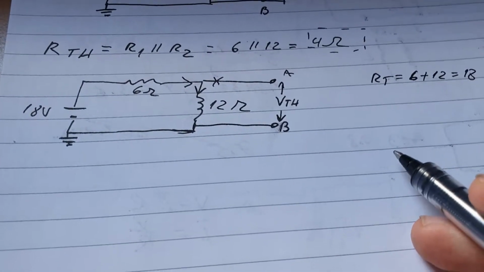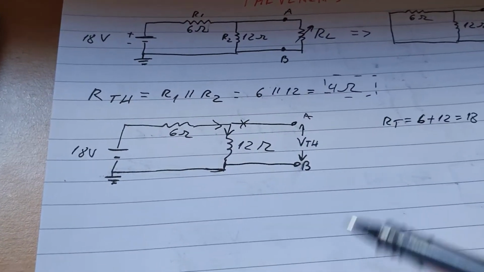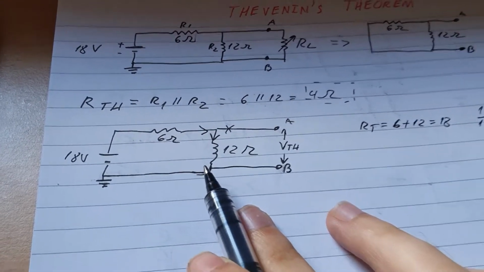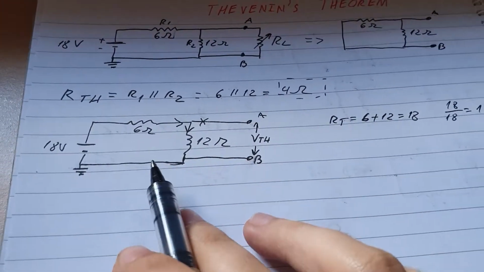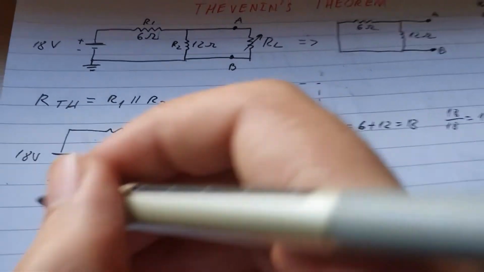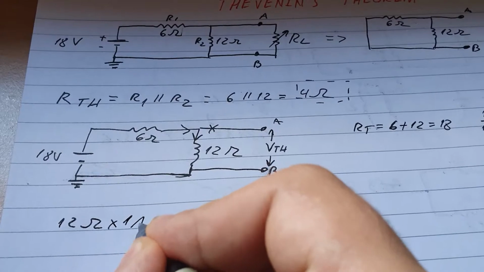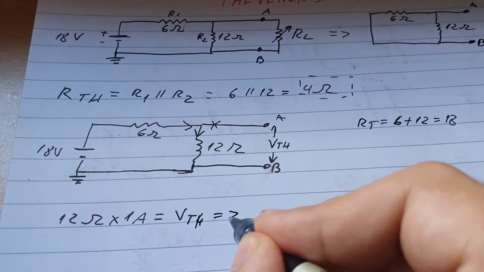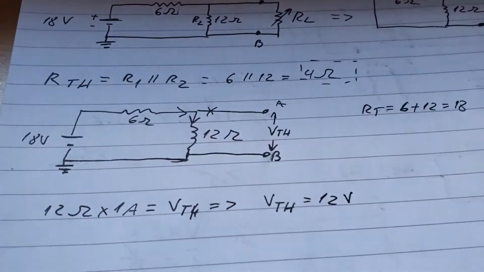As we know from the laws of circuits, resistors that are opposite have the same voltage. So we need to find the voltage across the 12 ohms, which is easy because it's a series circuit. We simply do 12 ohms times 1 amp, which equals VTH, and therefore VTH is equal to 12 volts.